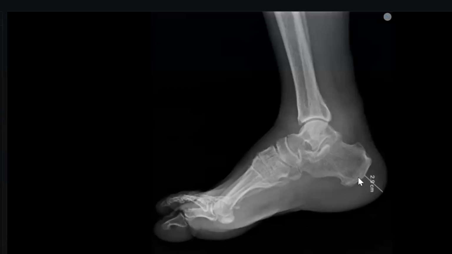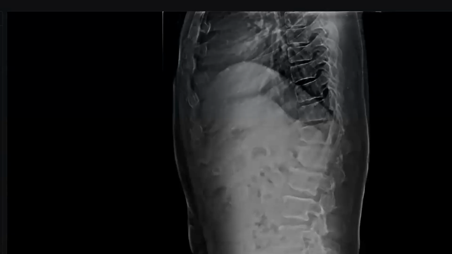This is the calcaneum with inferior spur formation. What is he measuring here? So the heel pad thickness is increased, 2.9. The heel pad thickness is increased in cases like acromegaly.